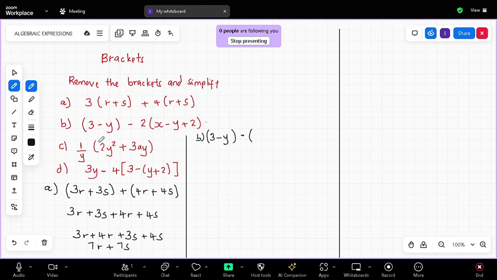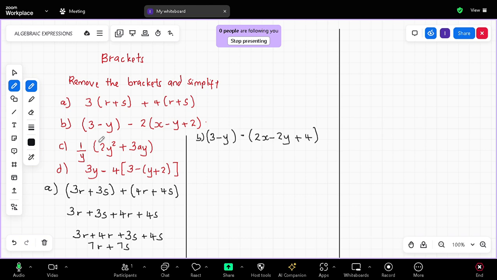So we take 2 multiplied by x, we have 2x, then minus, 2 multiplied by y is 2y, then plus 2 multiplied by 2 is a 4. So the negative that was outside the bracket, before 2, is still retained.